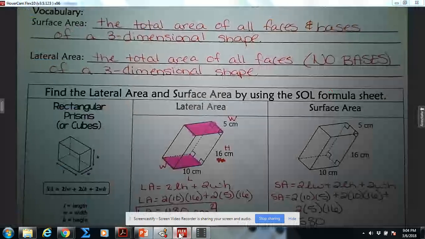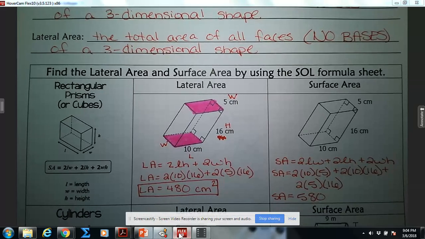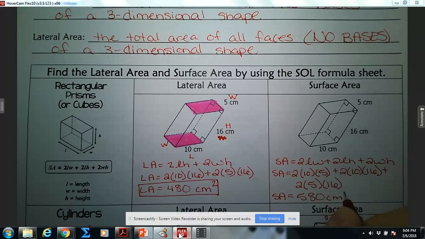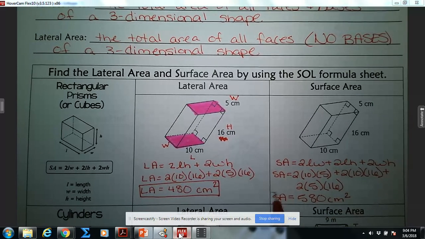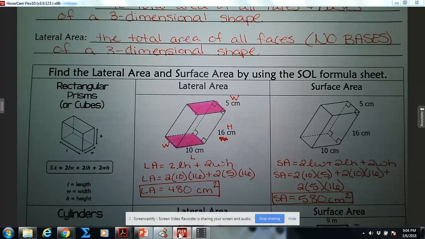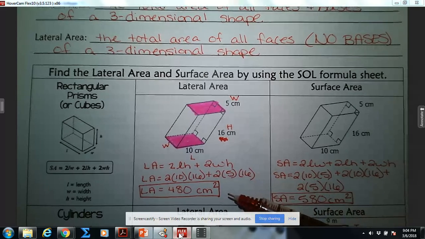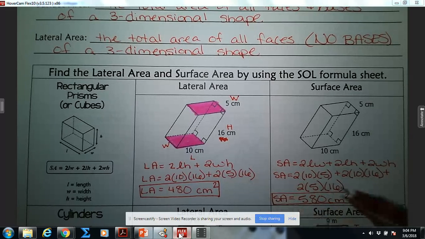580. And of course, we're measuring in square units, so this is centimeters squared. Now, anytime you're working with something that's so concrete as a measurement, it's great to go back and think it through. We said lateral area was 480 centimeters squared, and our surface area is 100 centimeters squared more.